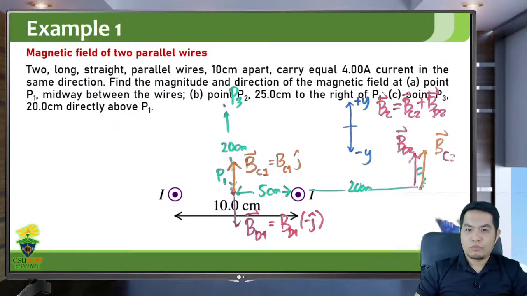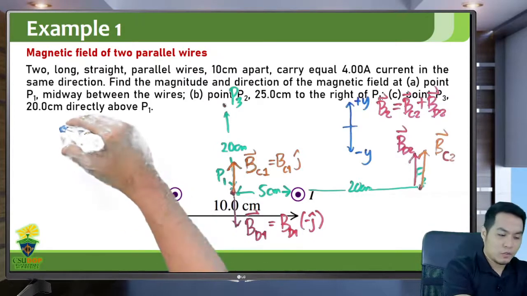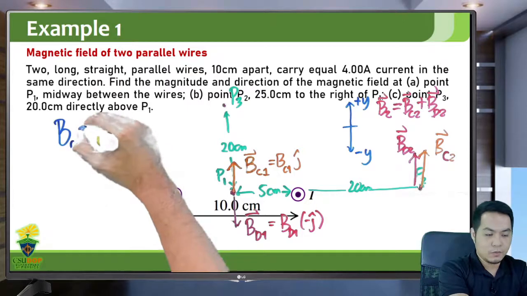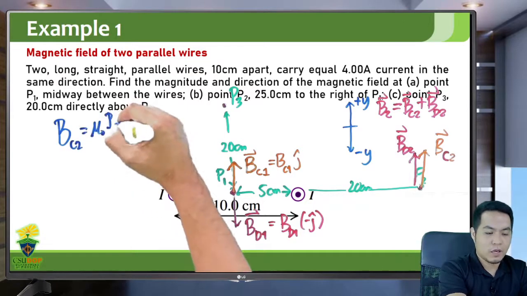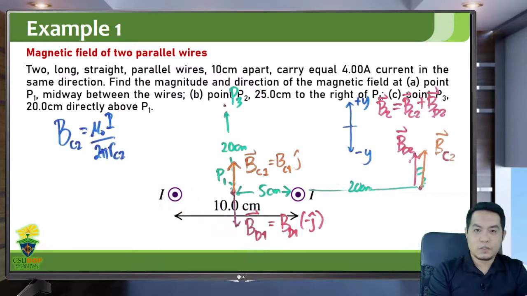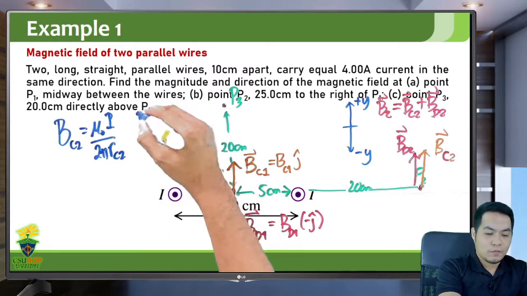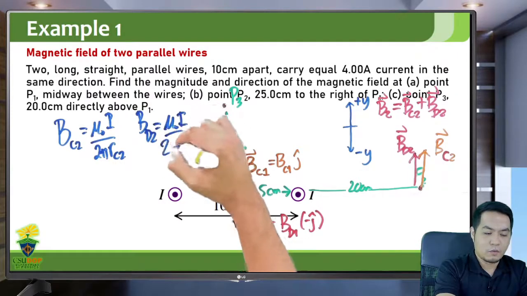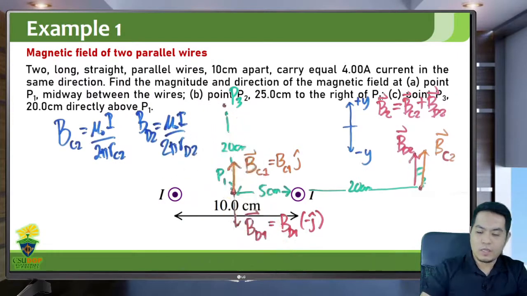Solve for the magnitudes using the formula. For BC2, just mu naught I, they have the same current, over 2 pi RC2. And for BD2, just mu naught I over 2 pi RD2.